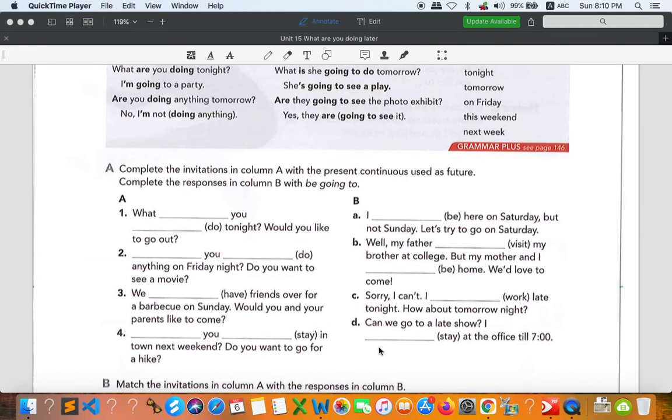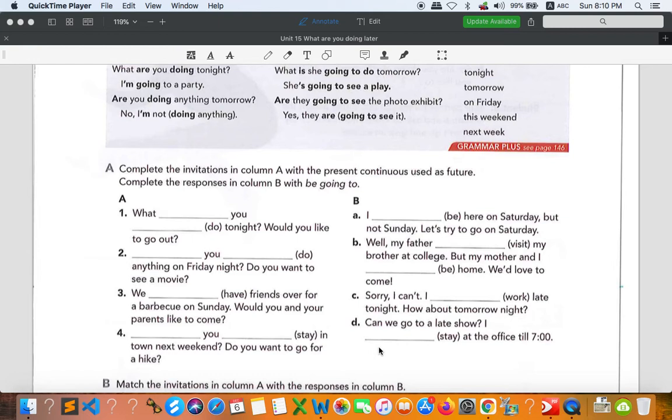Number one, column A is about present continuous, column B is be going to. So column A, you can simply say, what are you doing tonight, right? And number two is, are you doing anything on Friday night? Number three is, we are having. Number four, are you staying? Because it is present continuous, all right?